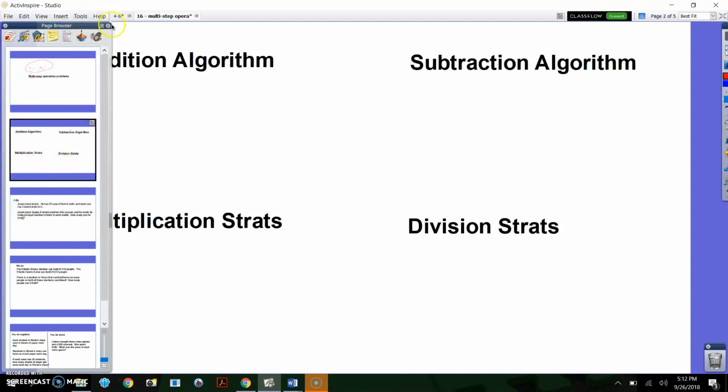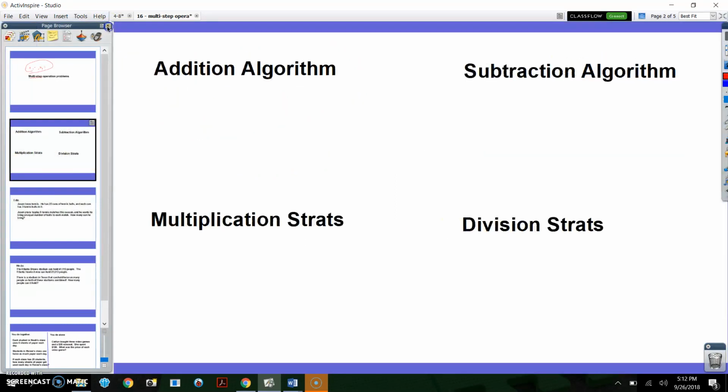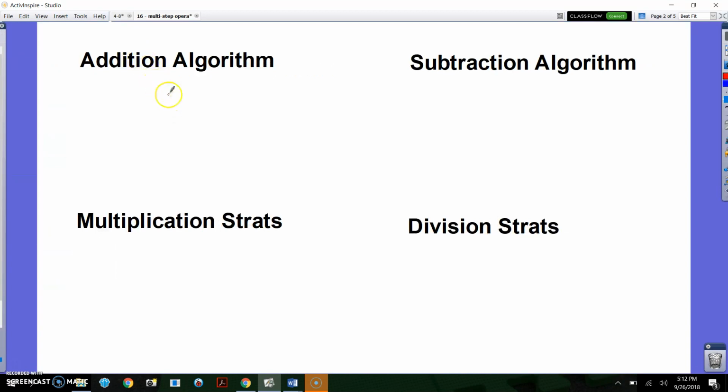Alright, so as I said, so far this year you've learned the addition algorithm, you've learned the subtraction algorithm. Hopefully you're excellent at both of those. We've learned some multiplication strategies like partial products and area model. Depending on when you're seeing this, we may have even started doing some number talk strategies with these.